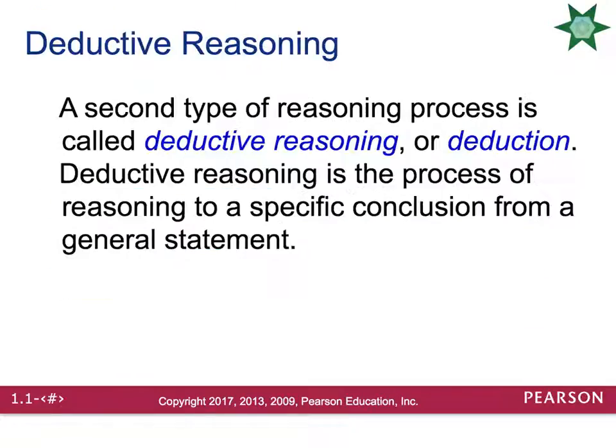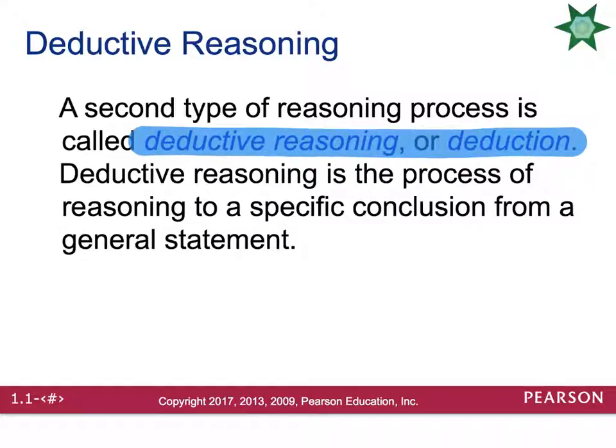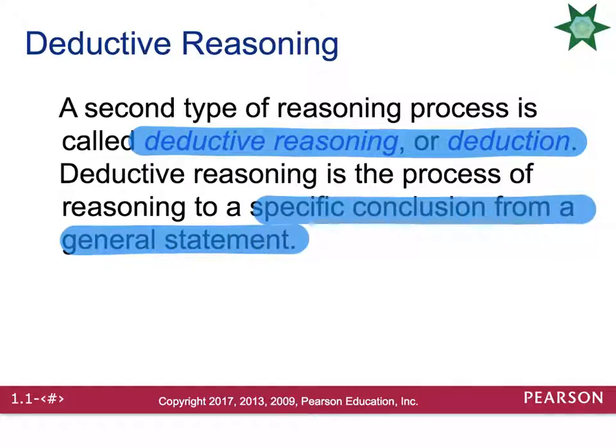Okay. The other type of reasoning we use is called deductive reasoning. Okay. Deductive reasoning or deduction. Now, that's the process of reasoning to a specific conclusion from a general statement. Okay. When we say general statement, we're proving it.